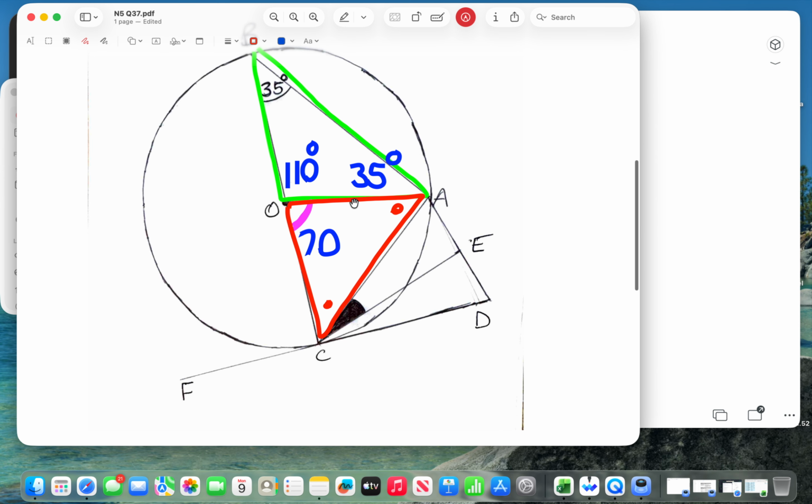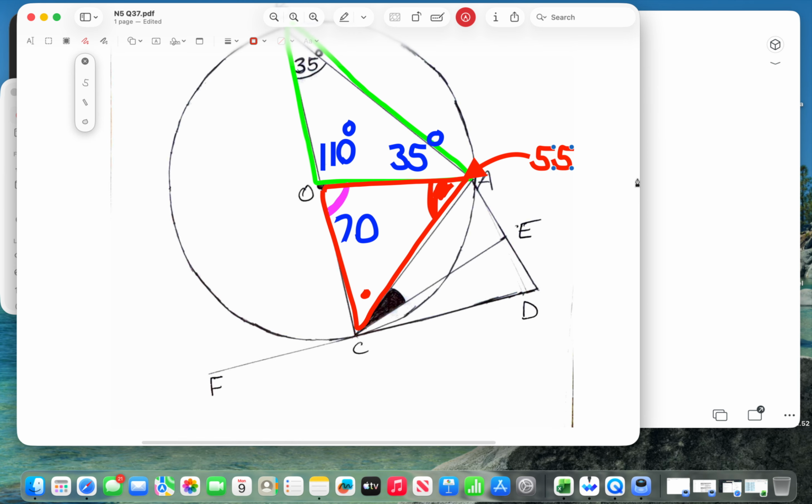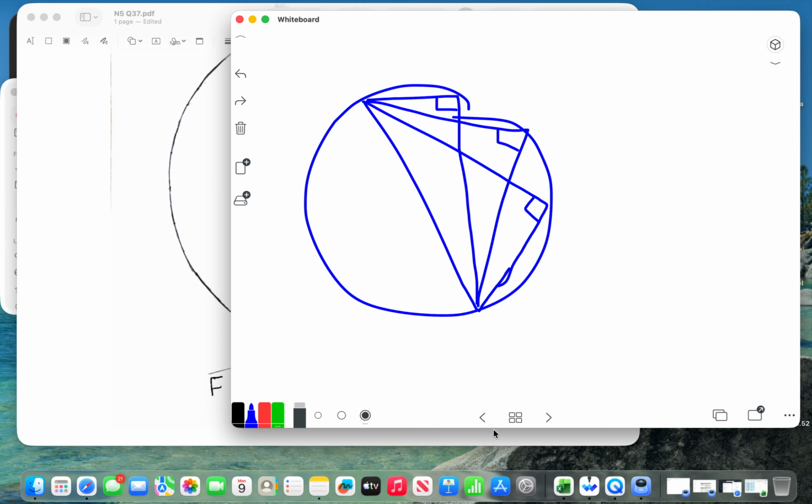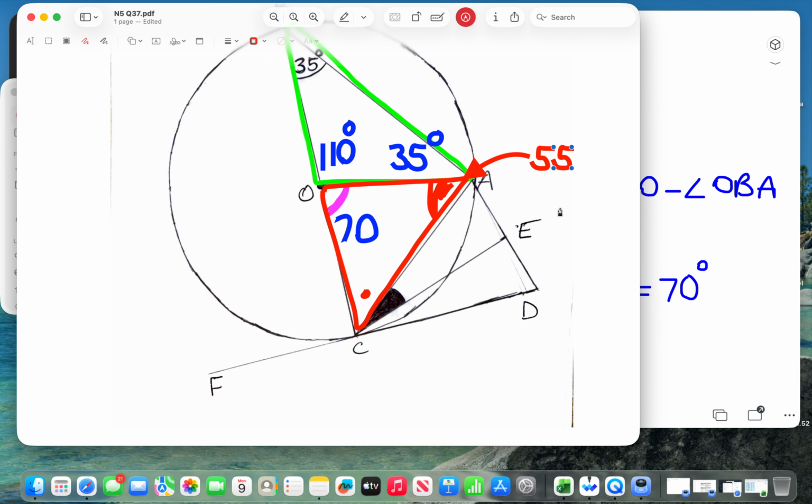So you can see that OAC, this one, has to be 55. So you've got two ways of establishing that. So it's OAC.